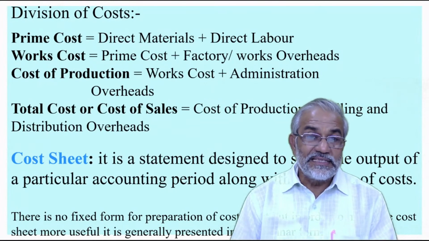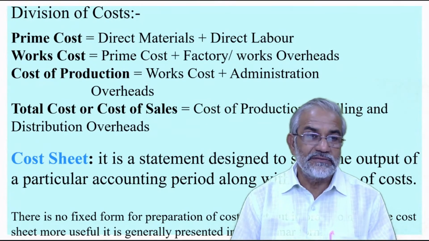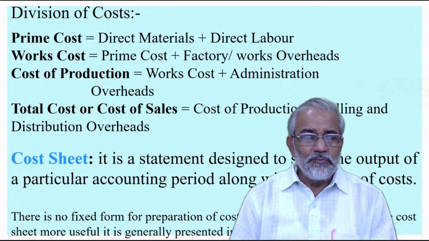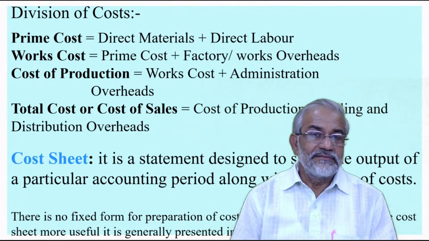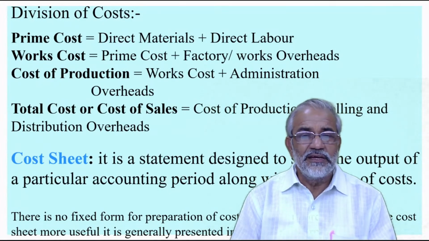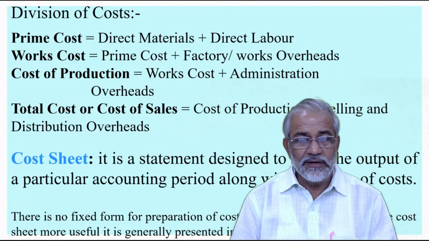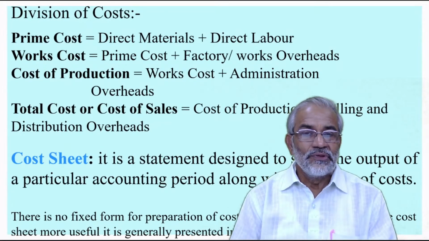That means all the three direct items, material, labor, and expenses, form part of the prime cost, because that is the very major component of the cost of production of any particular unit. More than 50% of the total cost is formed through direct material, direct labor, and direct expenses.